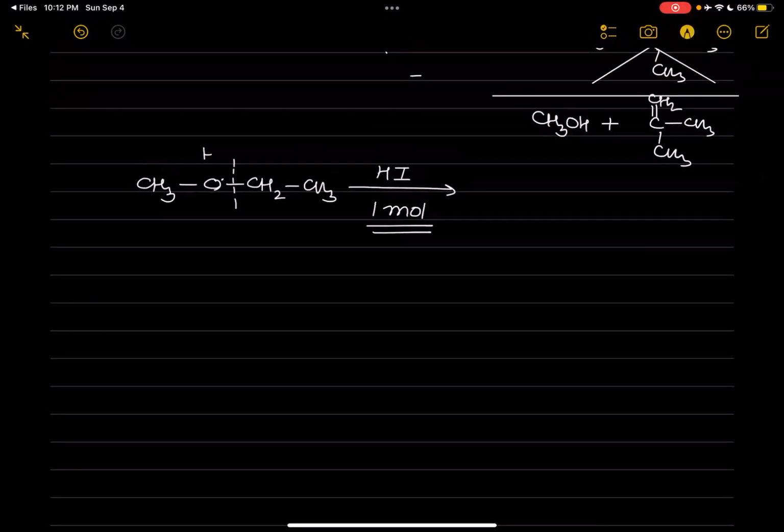Are you going to break the ether in this way, in which case you get CH3OH, or do you need to break the ether in this way, in which you put H on oxygen because you need to make OH, and you put I here?